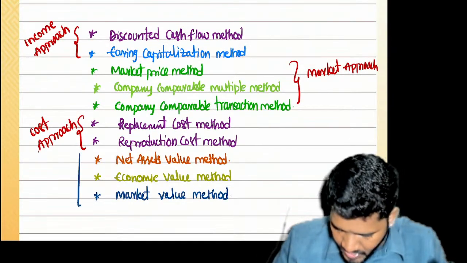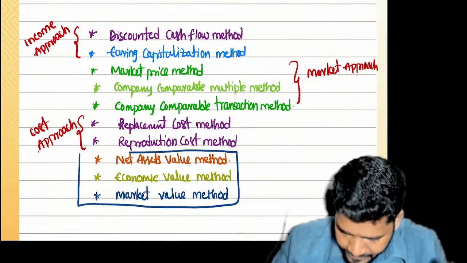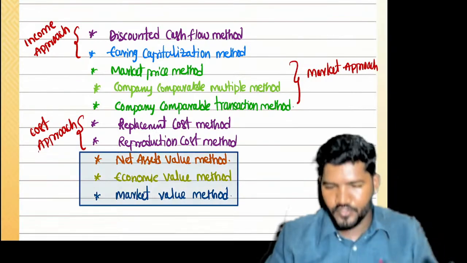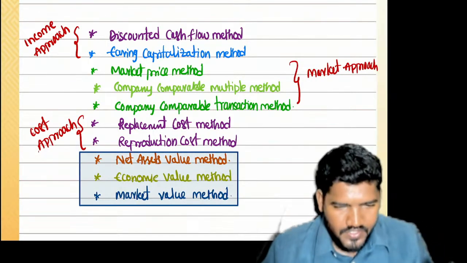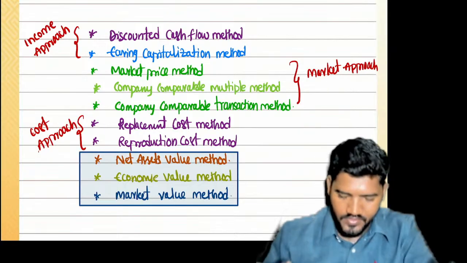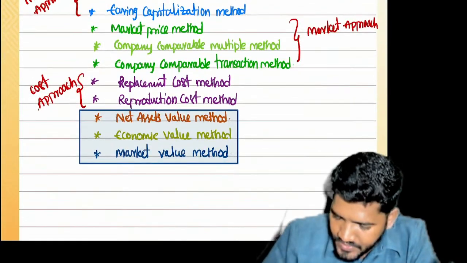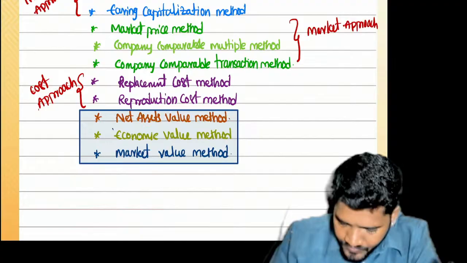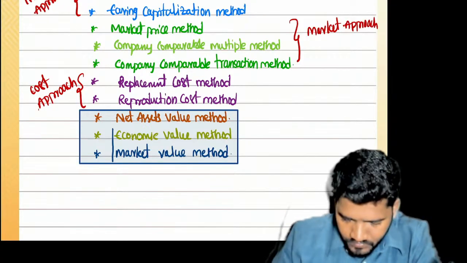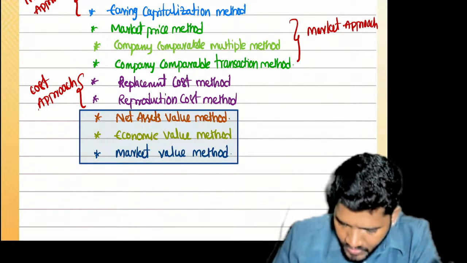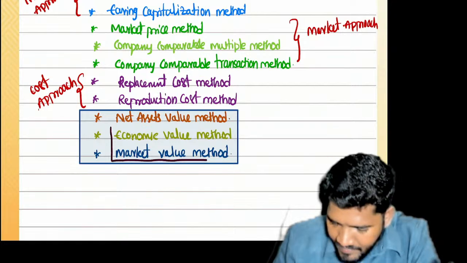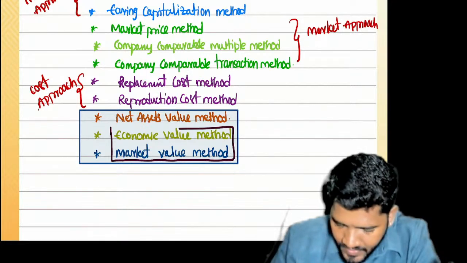These three methods are not related to approaches, guys. They are direct methods. In these direct methods, economic value added and market value added methods we are not discussing here. Why?